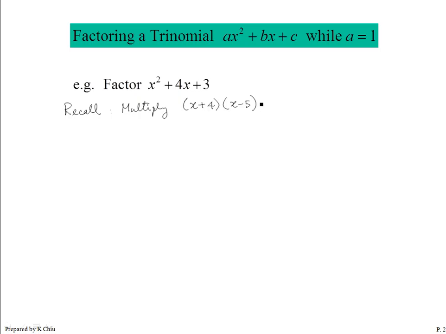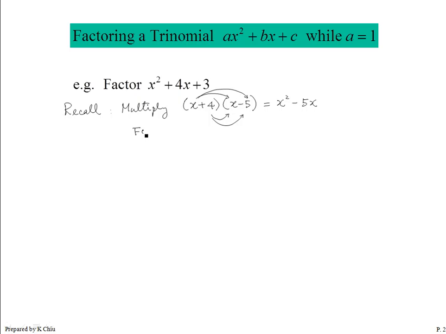So we are going to have x times x first, so we have x squared, and then minus 5x. We FOIL that, so we have a four-step distribution: x times x, and then x times negative 5, and then 4 times x, and then 4 times negative 5.